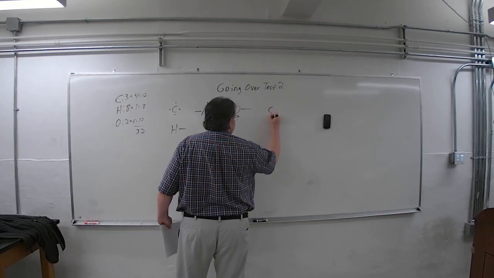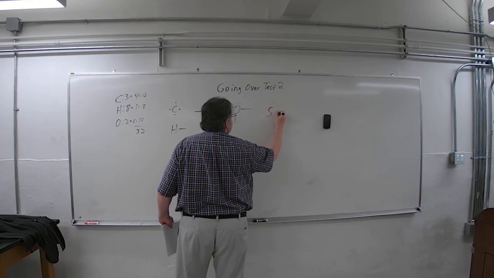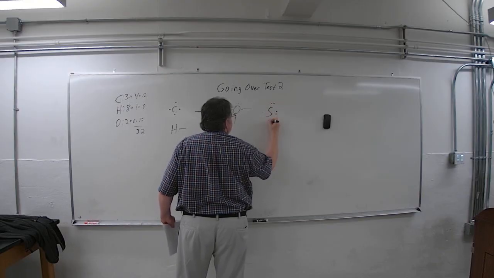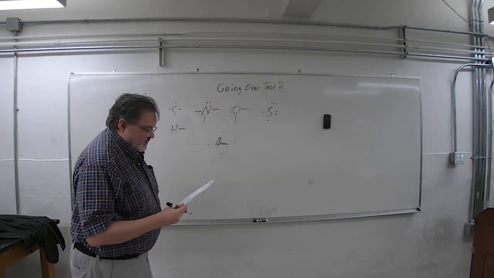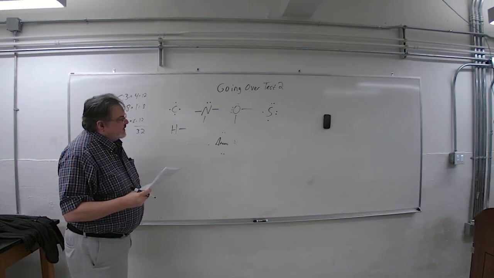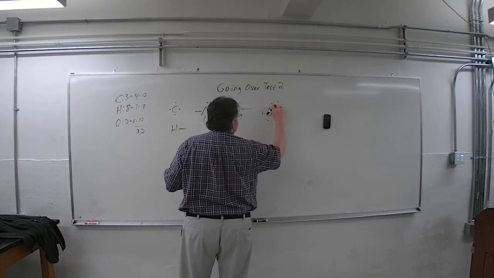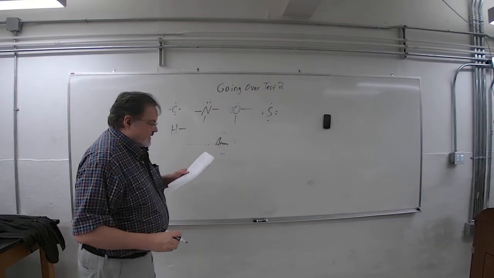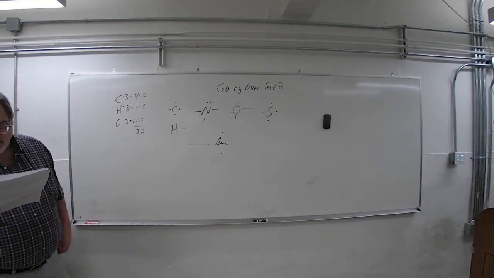It's just like oxygen. 1, 2, 3, 4, 5, 6. 2 lone pairs, 2 single electrons. I've got it drawn like this. That's the answer, E. 2 pairs and 2 single electrons.